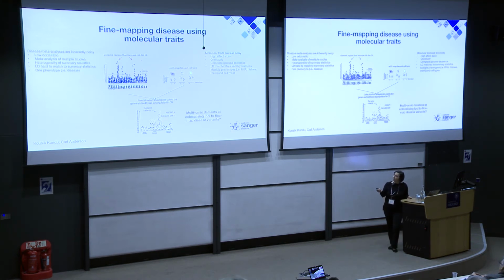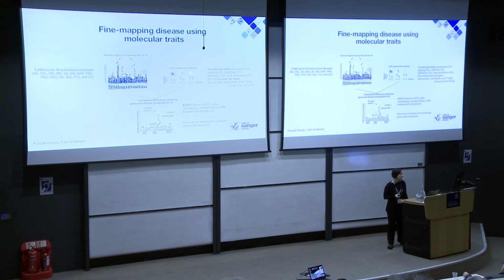So we exploited this possibility to ask a simple question: if you have a multi-omic QTL data set, can you co-localize it with the disease variant? Can you fine-map the causative variant better than you could if you were working with a summary statistic alone?